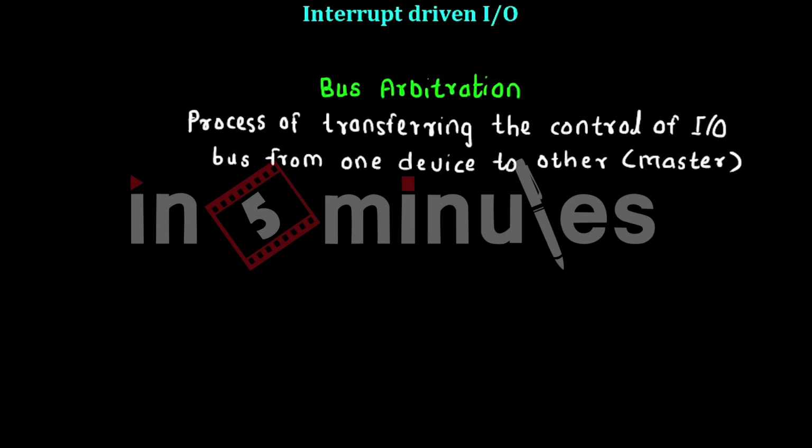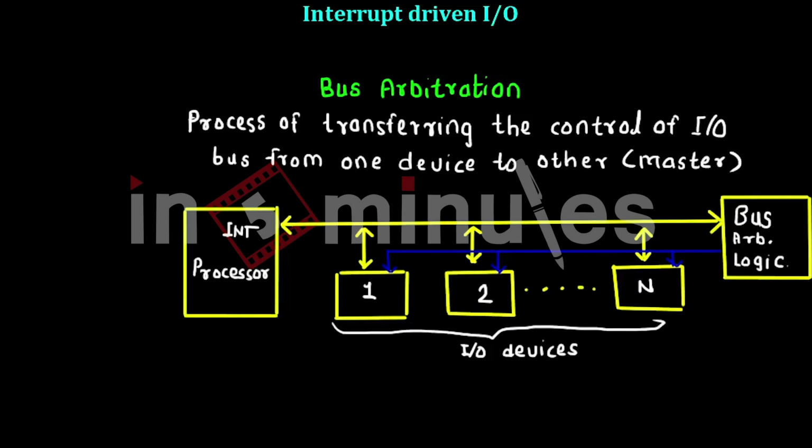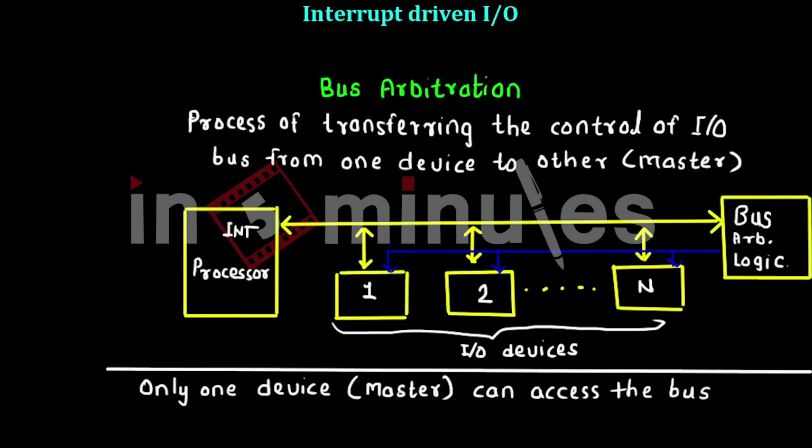In the same way, we can have the device which can access the interrupt line. For example, multiple devices are connected on the interrupt line and it is connected to the bus arbitration logic. Now, through the different bus arbitration techniques, only one device is selected. These algorithms we are going to see in later videos.